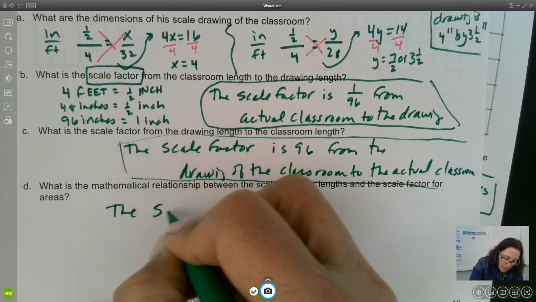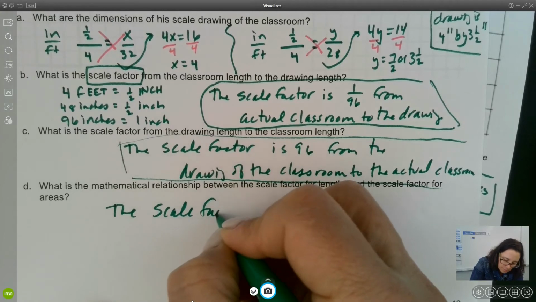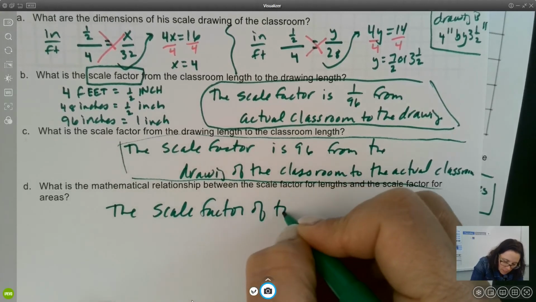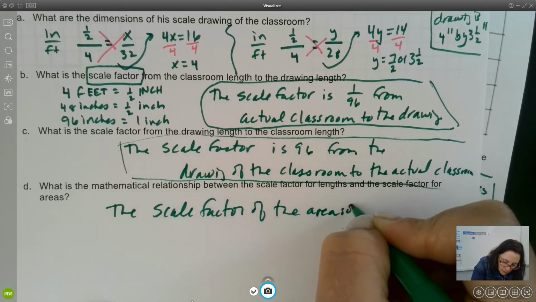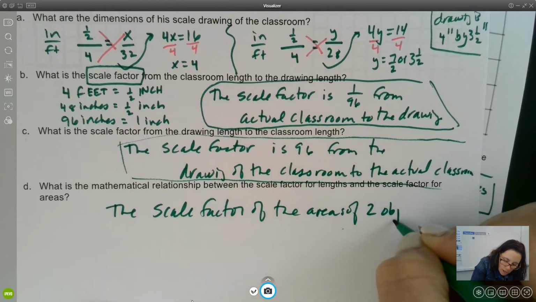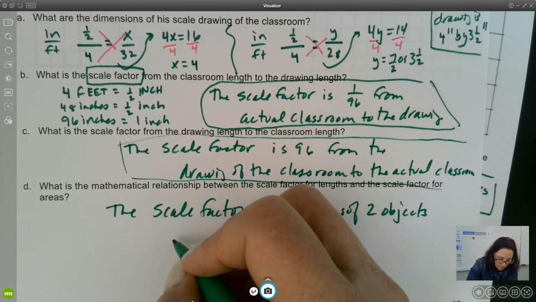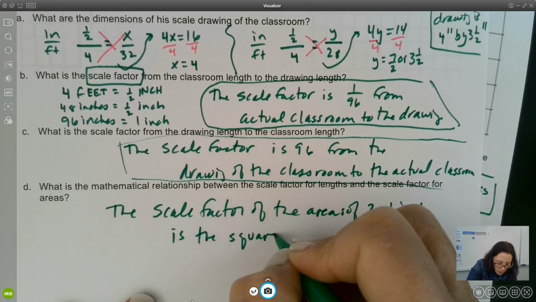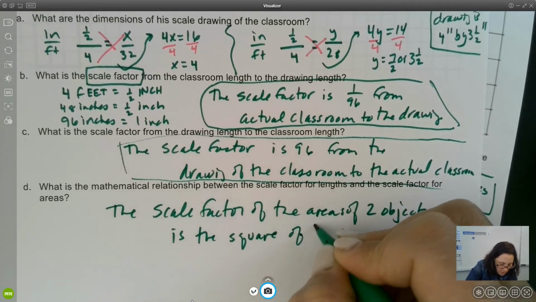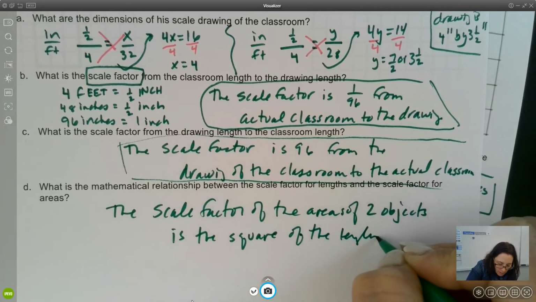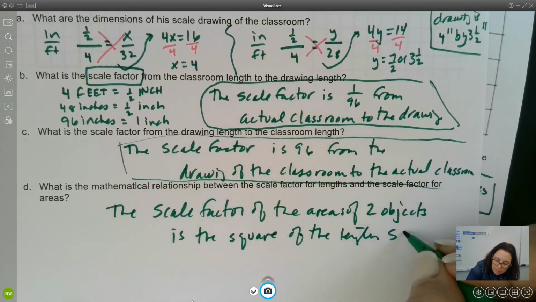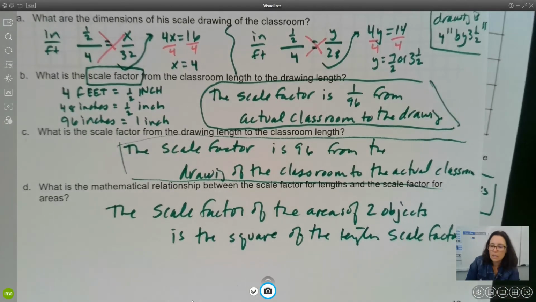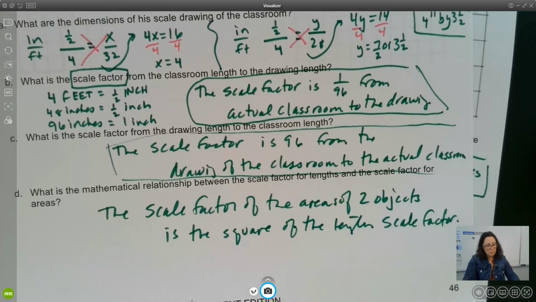The scale factor of the areas of 2 objects is the square of the length scale factor. Okay, we talked about that a couple lessons ago.